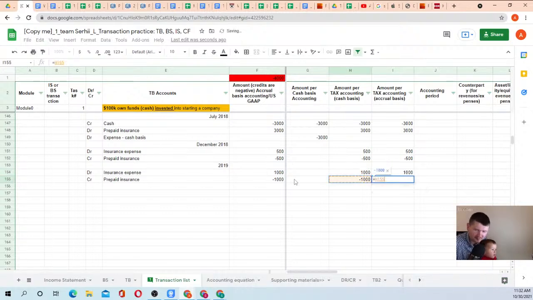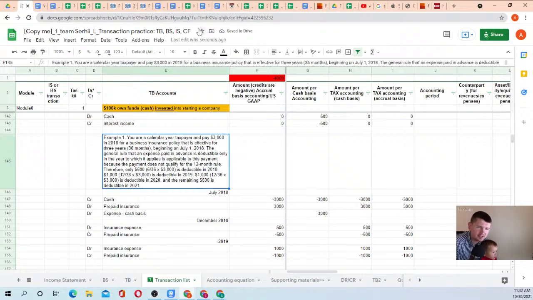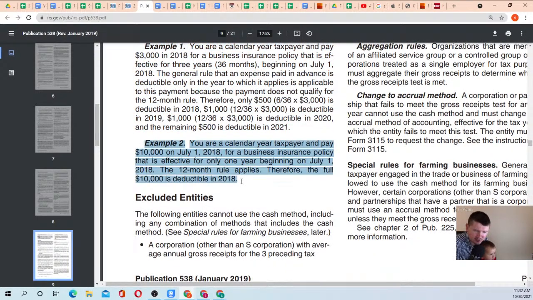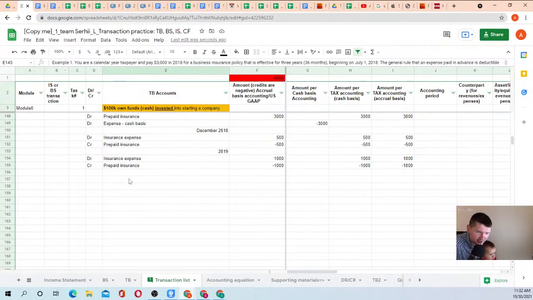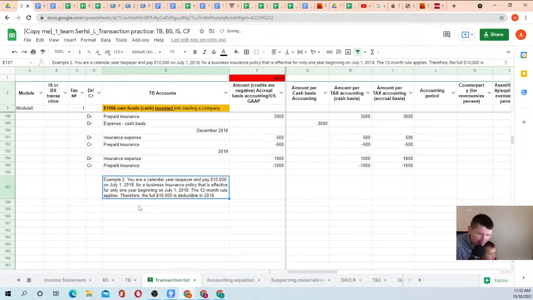Okay. So that's the situation with the 12 months rule. That's an example from the IRS publication. And here is a similar example. The only difference with that example is that we got only 12 months of prepayments.